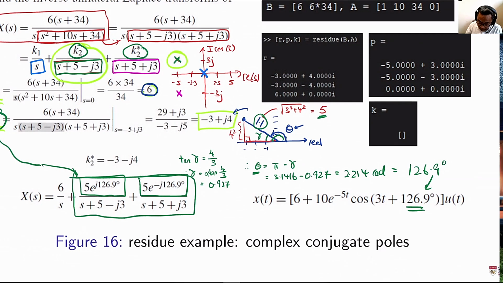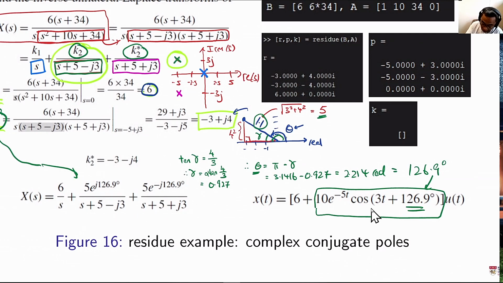I will not go through the math, but this pair of rational functions will be converted into here. Let me show you how to convert from this to this. Let's pull out the important numbers. The important number is 5. Poles come in complex conjugate pairs, so you will form a cosine.